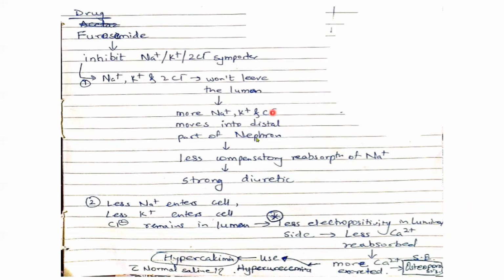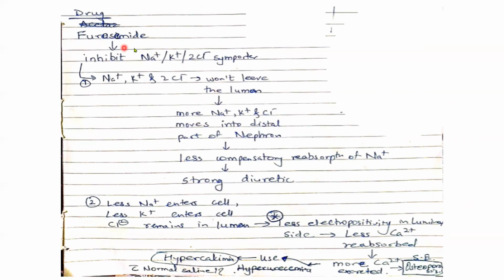So whatever now escapes the ascending limb of loop of Henle is not going to get reabsorbed back. Because of that, almost everything that escapes is excreted.